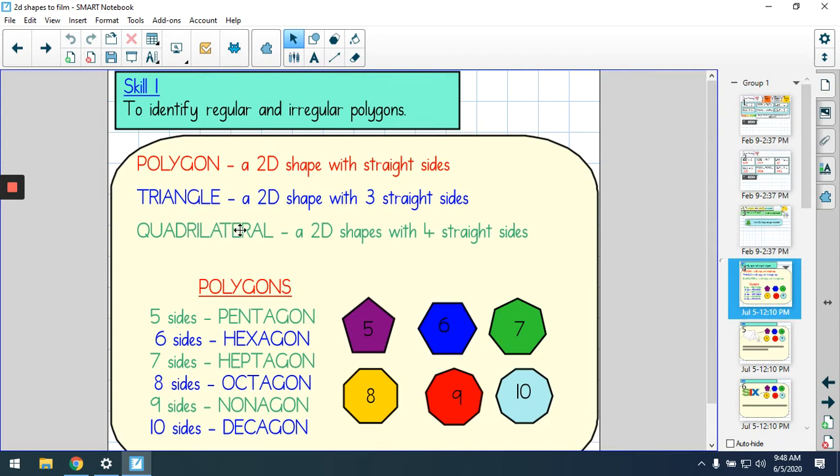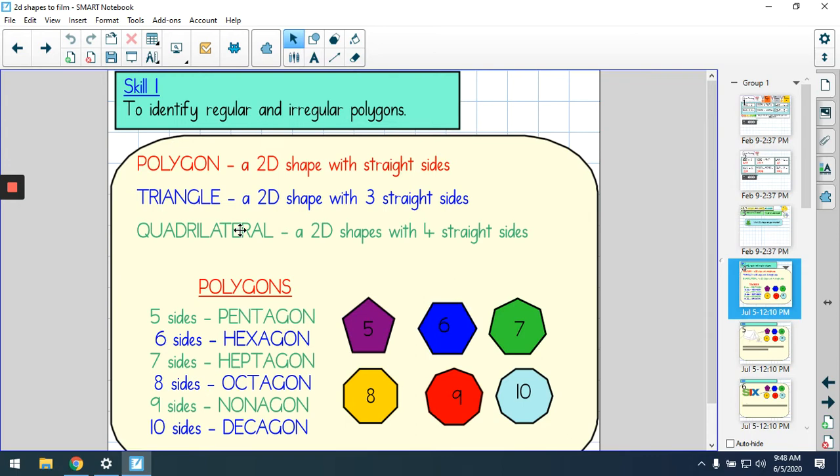Now a regular quadrilateral, therefore, would be a shape with 4 straight sides that are all the same size, which we know would be a square. An irregular quadrilateral would be a rectangle because it's a polygon with 4 straight sides, but they're not the same length. So 3 key bits of vocabulary you need to get your heads around.